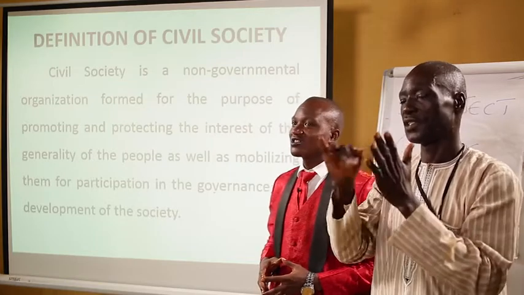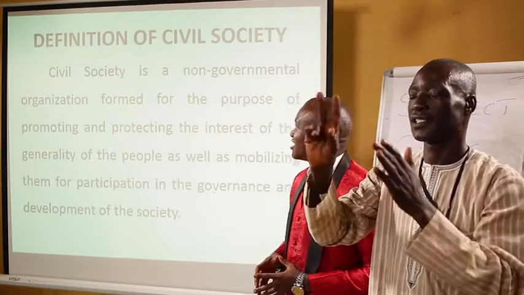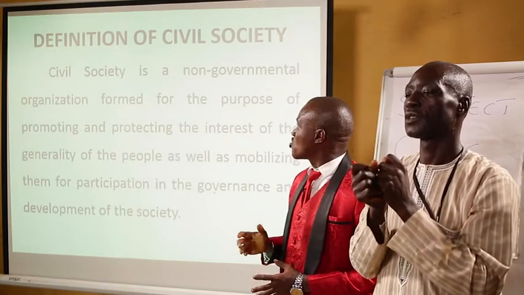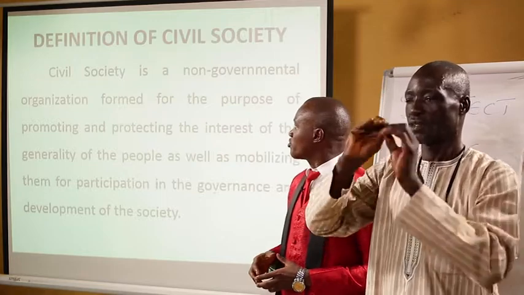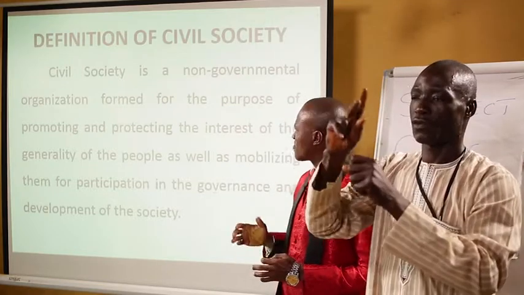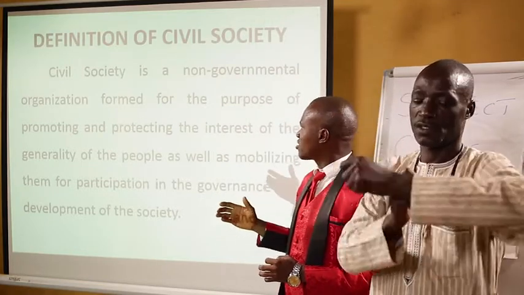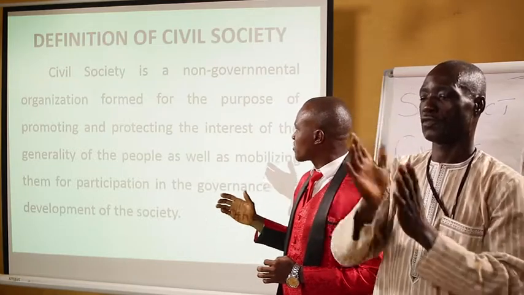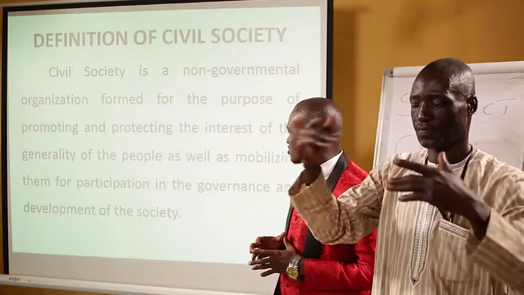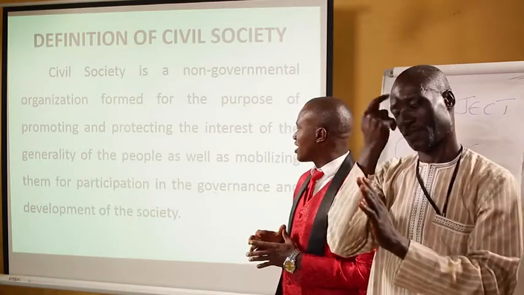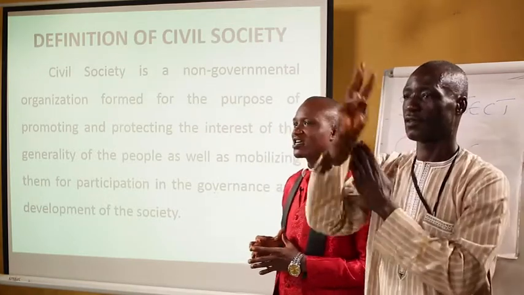Definition of civil society. Civil society is a non-governmental organization formed for the purpose of promoting and protecting the interests of the generality of the people, as well as mobilizing them for participation in the governance and development of the society.